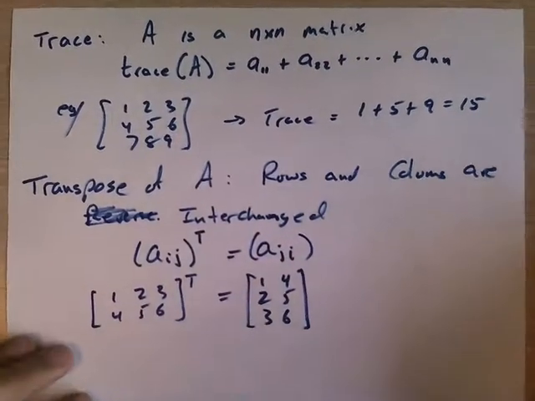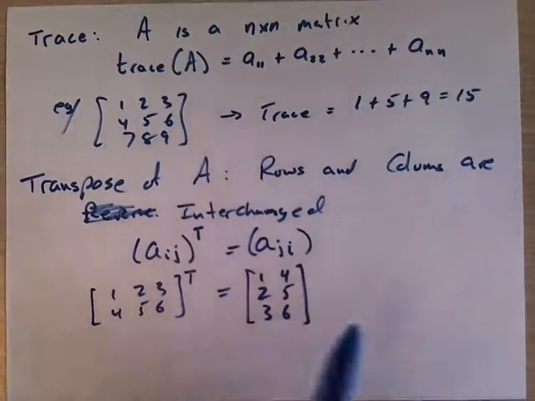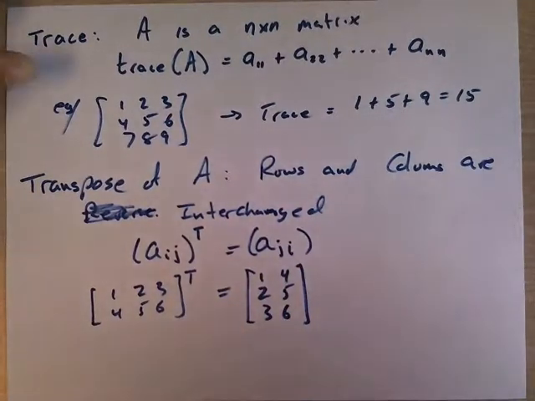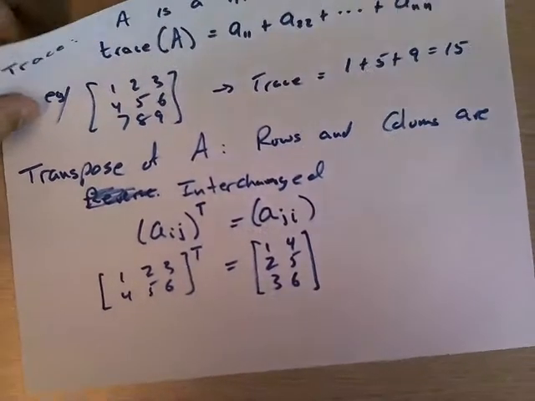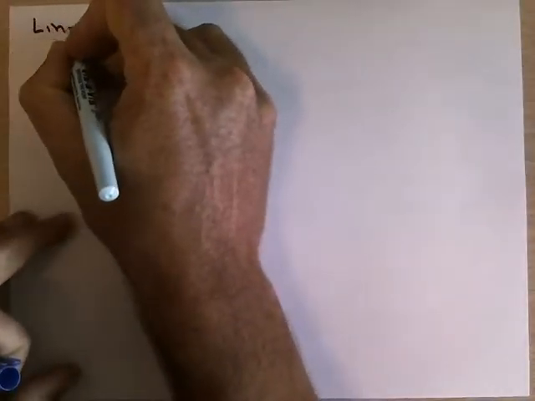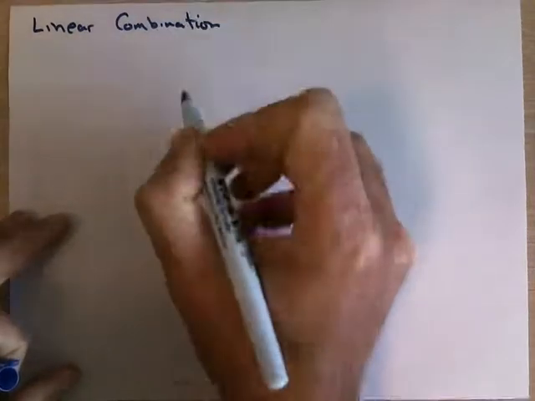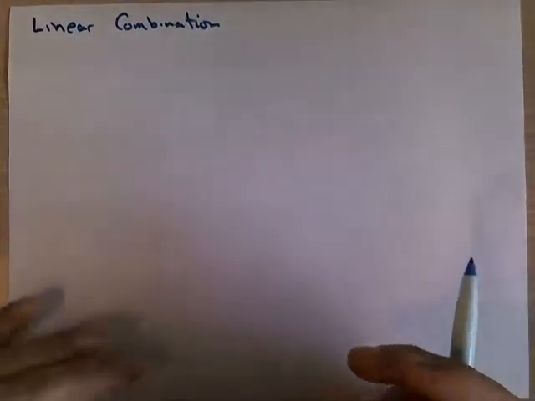Now, there's one more definition that is fundamental to a lot of the stuff that we do. If there's a definition that you want to learn, well, of course you want to learn all of them, but let's make sure we know what the next one is. The next definition I want to throw out to you is the notion of linear combination. In this textbook that we're using, they give the definition of linear combination in a couple of different places.